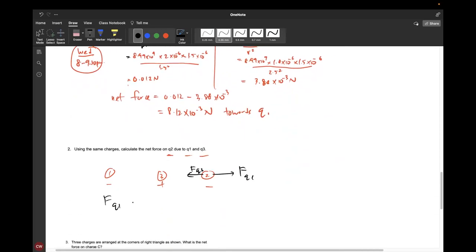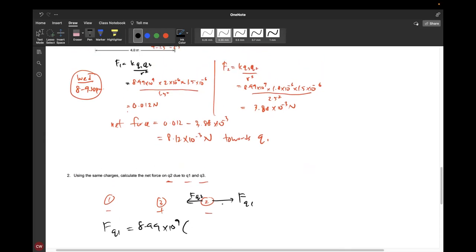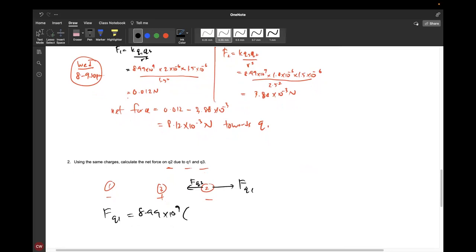Due to Q1 and 2, K is 8.99. Due to Q1, repel.